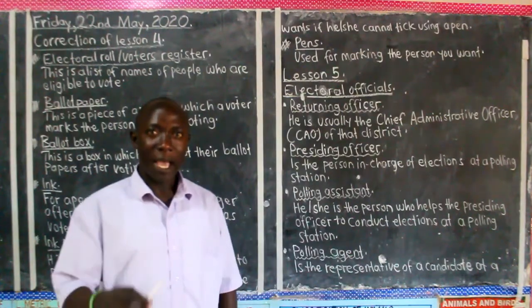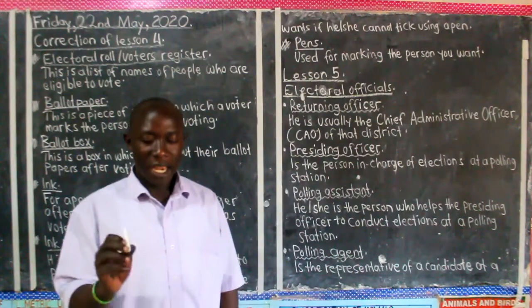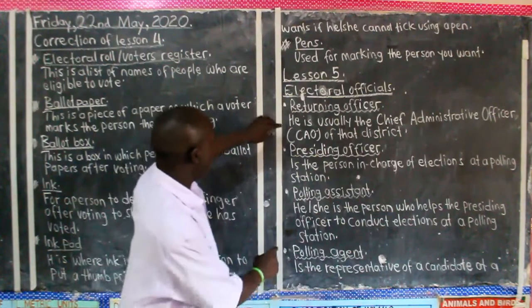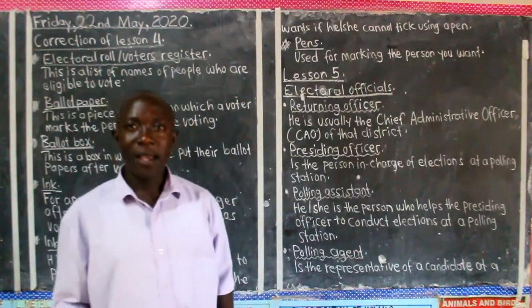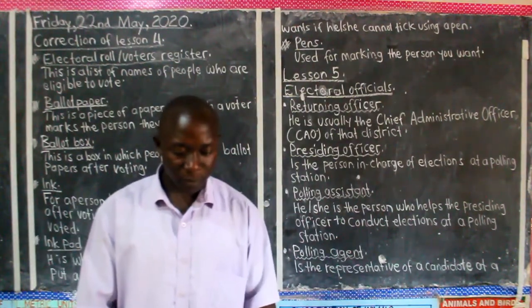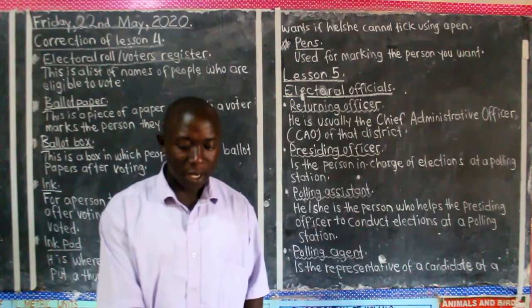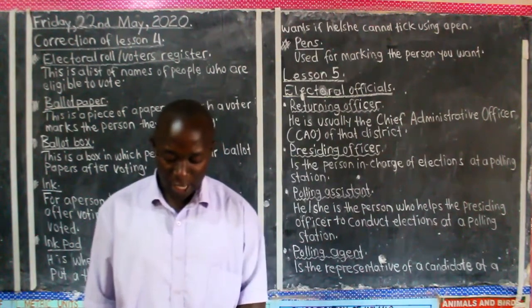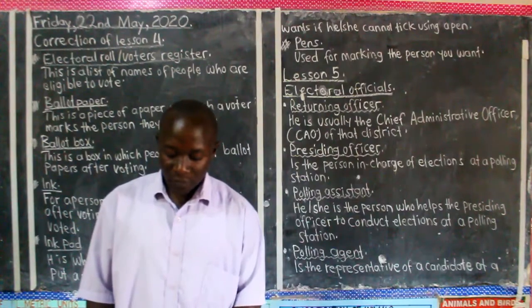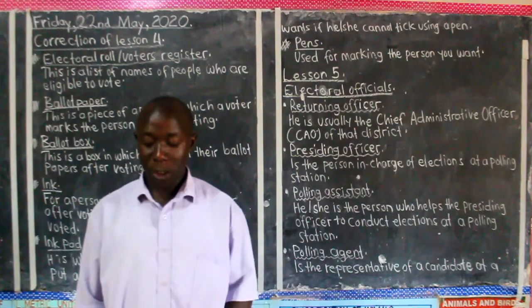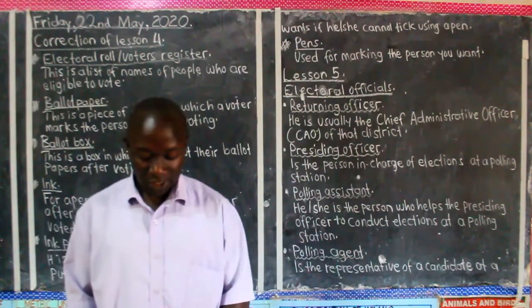That's what we call a polling station. Now, the presiding officer, the one we are referring to as the presiding officer, the one in charge of elections at a polling station.